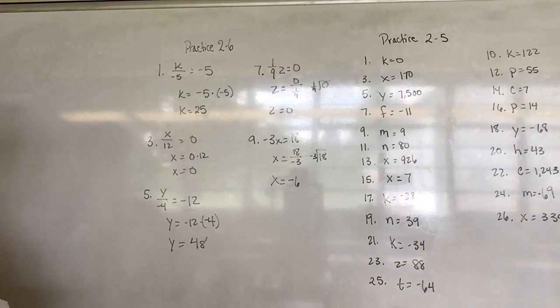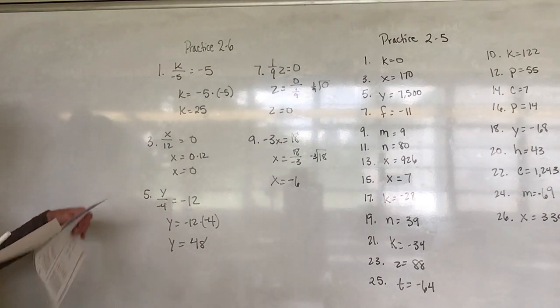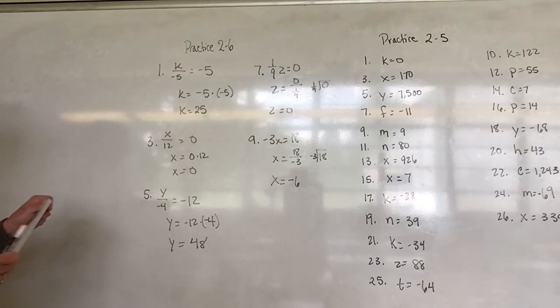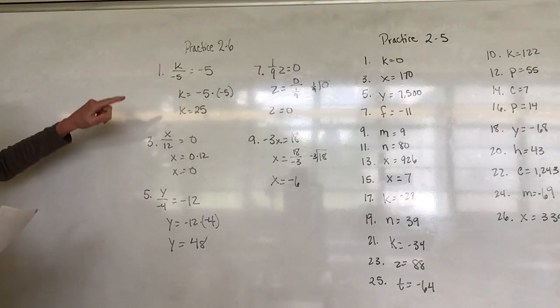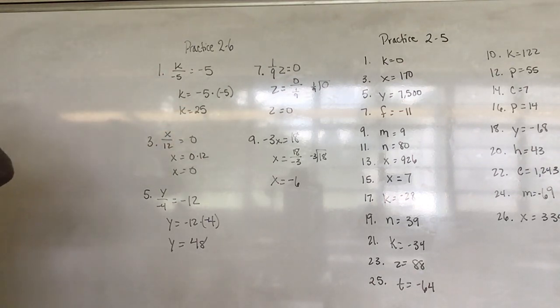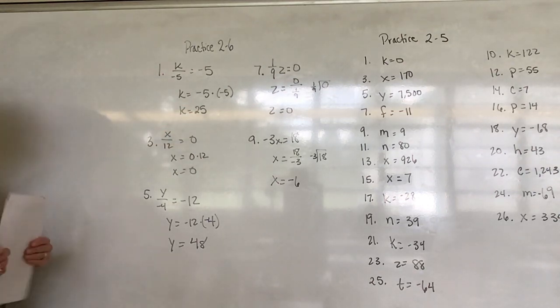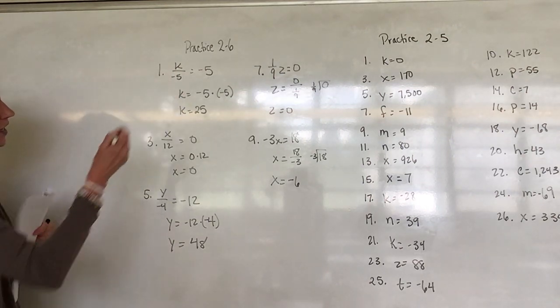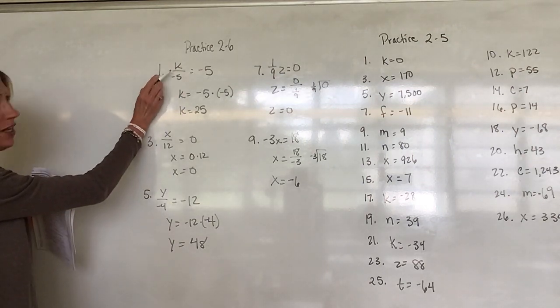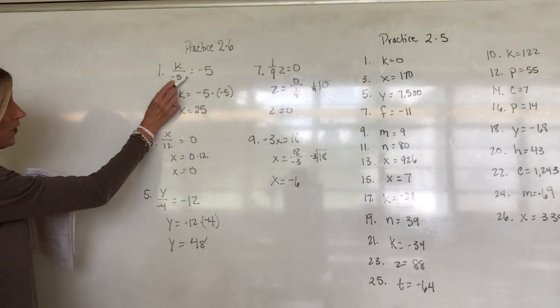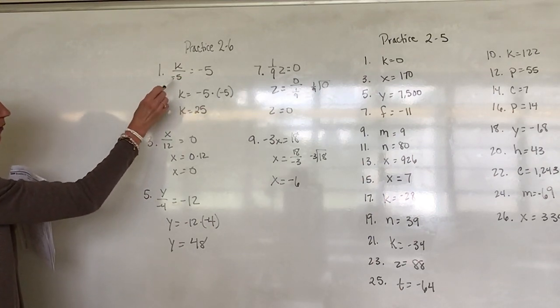All right, on practice 2-6, we are looking at multiplying and dividing now. So we're still solving for a variable, but instead of what we were doing before where we're adding or subtracting, we're now multiplying or dividing. Now remember, if we have a K, we could say this as K divided by -5 equals -5. Okay, remember, inverse operation.